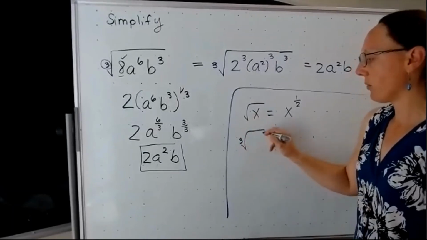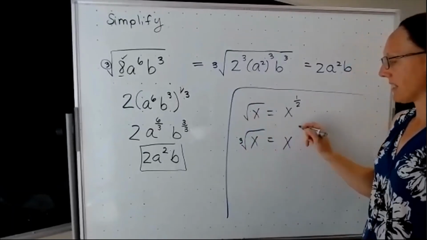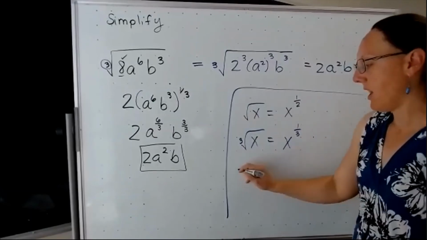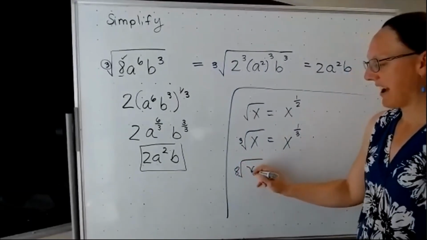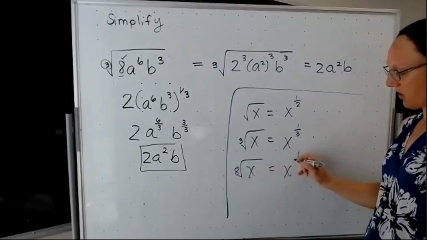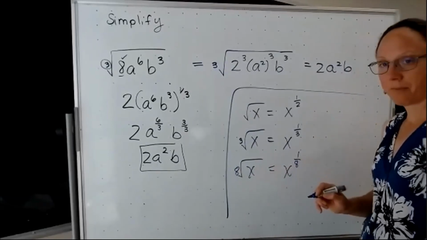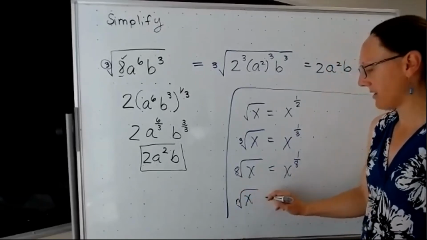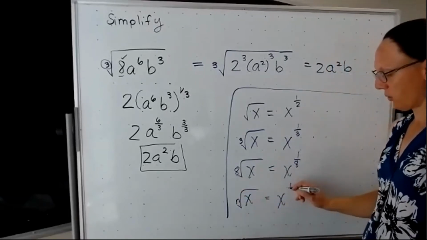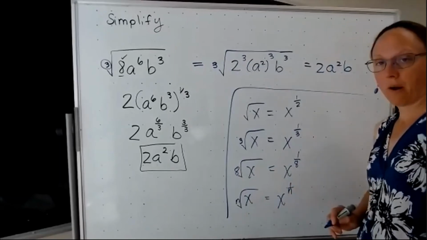If I write the cube root of x, that means x to the 1/3 power. If I wrote the 8th root of x, that's x to the 1/8 power. Or if it's the nth root of x, that's x to the 1/n power.